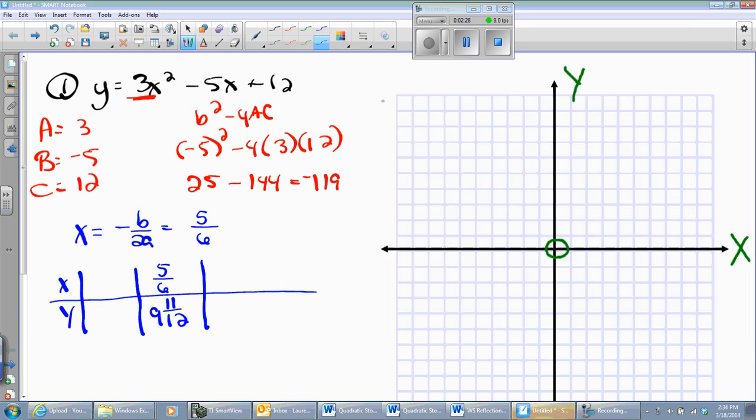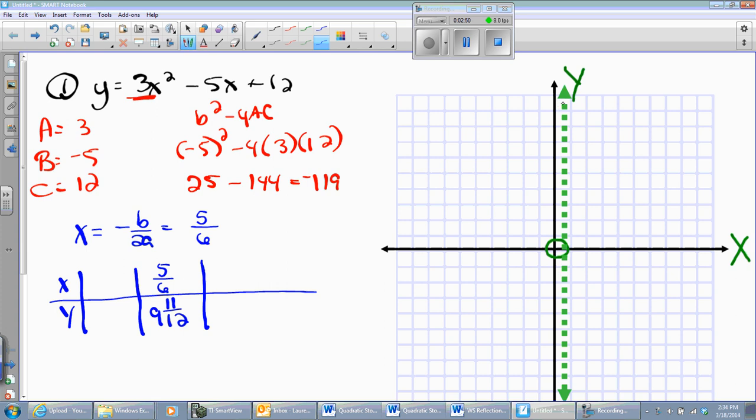Now, to get my other points, I guess I should graph that one. Let me put that axis of symmetry in. And, you know, Kayla Stauffer said, do we really need to put the axis of symmetry in? No, but you need to know where it is. Okay. So that looks like it's about 5 sixths. And I'm going to plot 5 sixths, 9 and 11 twelfths.